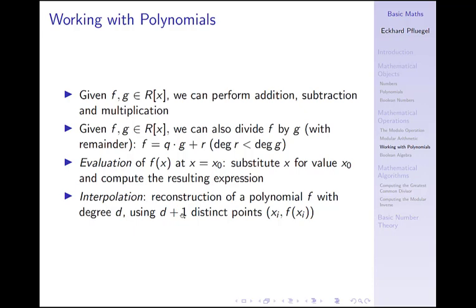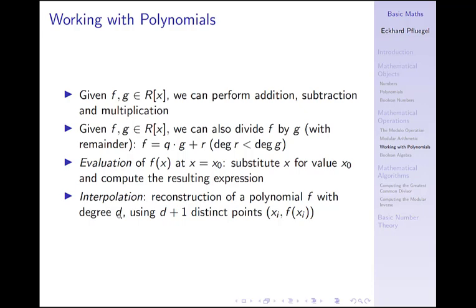You can intuitively see why that's the case, let's say for a linear polynomial. A linear polynomial is nothing else than a straight line. So what is the degree of a linear polynomial? Linear meaning degree equals 1. It's just a straight line ax plus b, for example, if I use those variables. So a straight line is clearly uniquely determined if I have 2 points, because then I can connect them using a ruler.